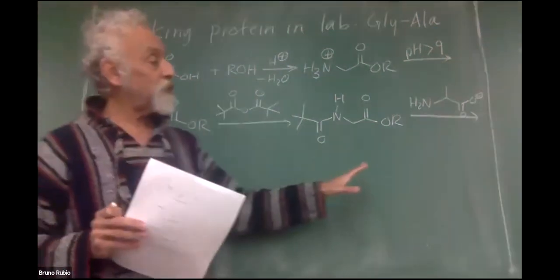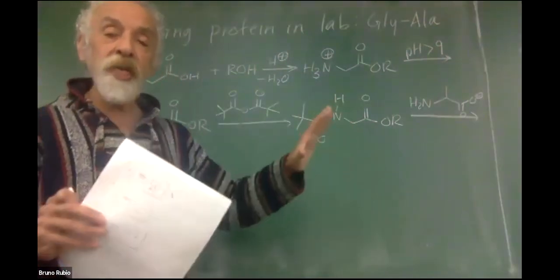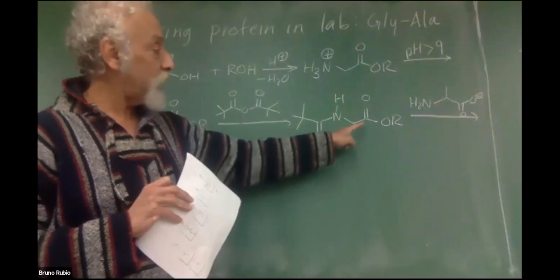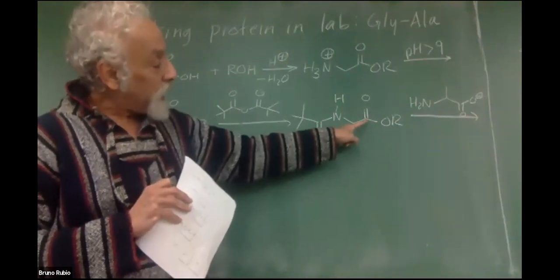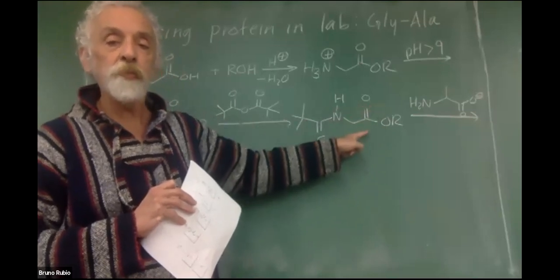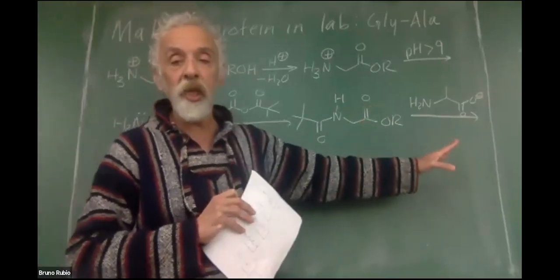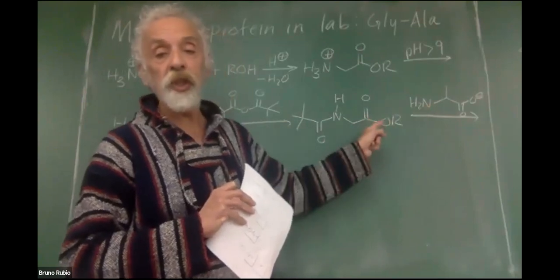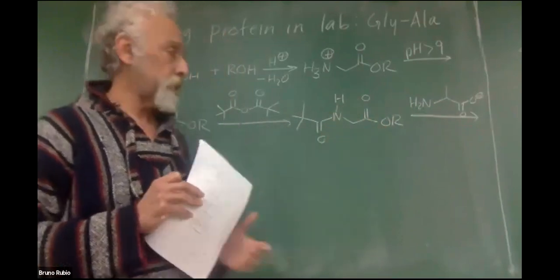And so now what we've set up is for another acyl substitution reaction where there's the carbonyl carbon bonded to something that's not carbon and not hydrogen. This bond is going to break, and the nucleophile, which will be this nitrogen, will take its place.